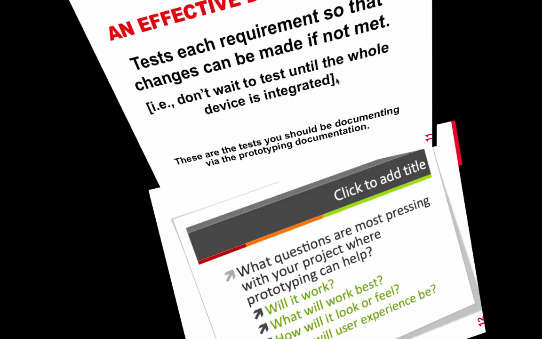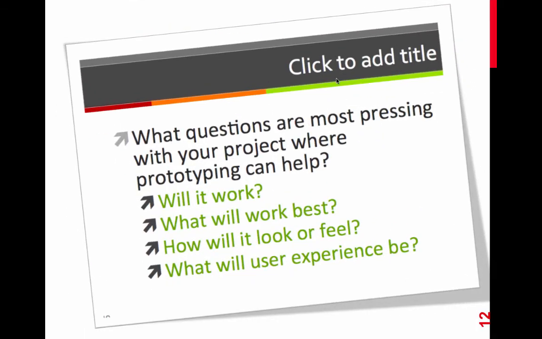You may recall from some prior presentations on prototyping, we said, here are some of these big questions you're going to be asking and trying to answer when you're prototyping. And one is, will it work? That is ultimately asking, are the design requirements being met or not?